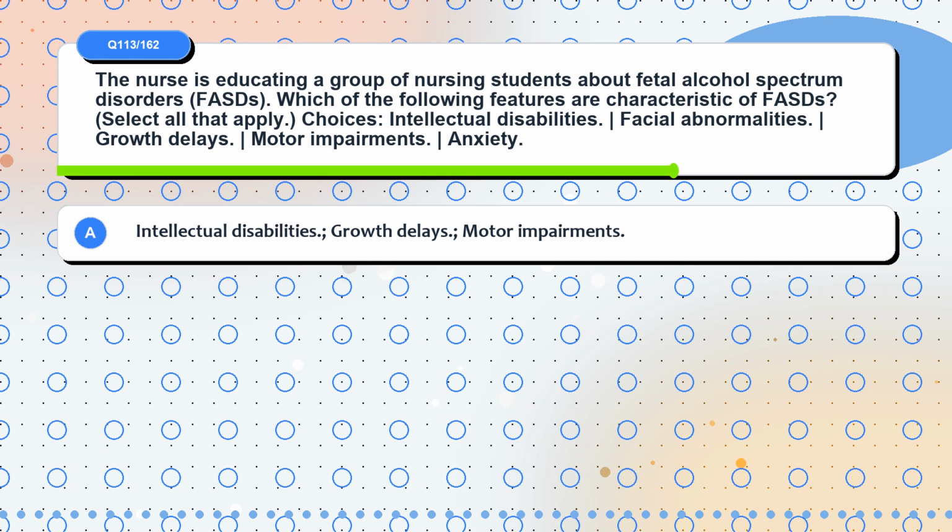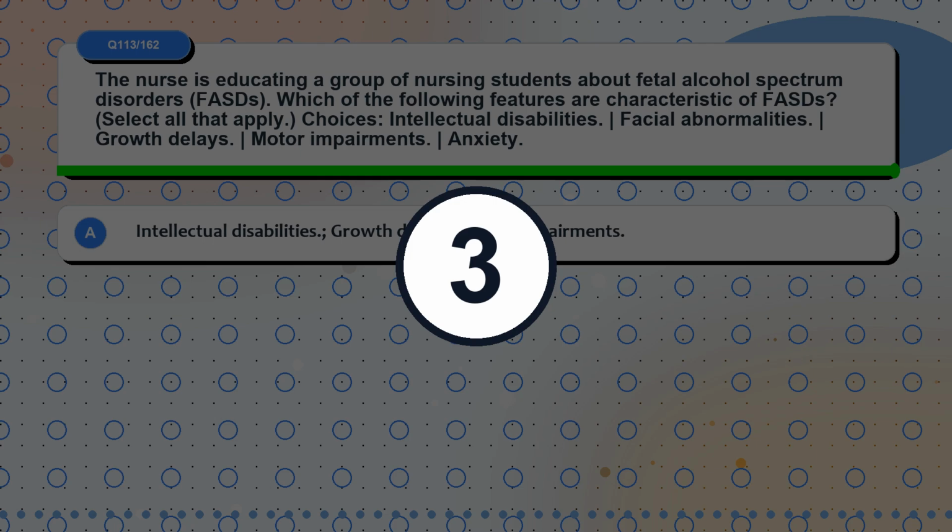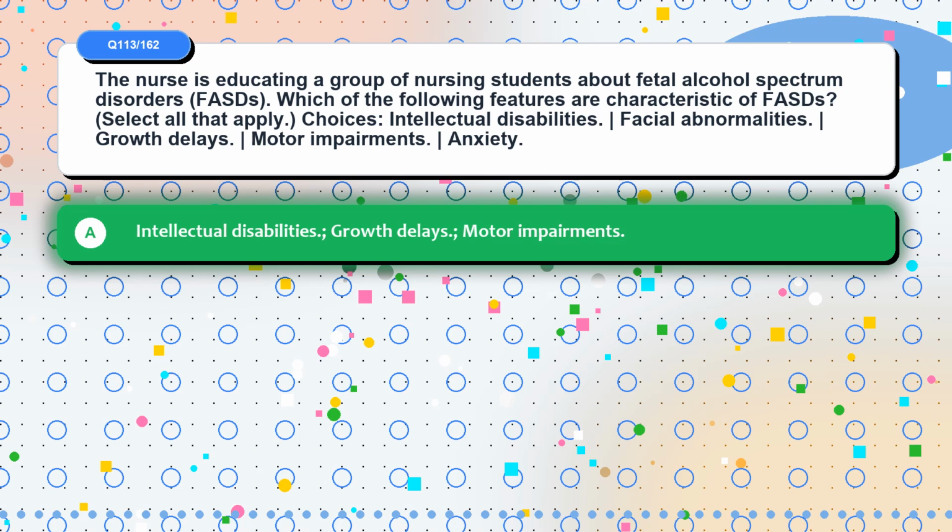Here are the options. Option A, intellectual disabilities, growth delays, motor impairments. The correct answer is option A, intellectual disabilities, growth delays, motor impairments.